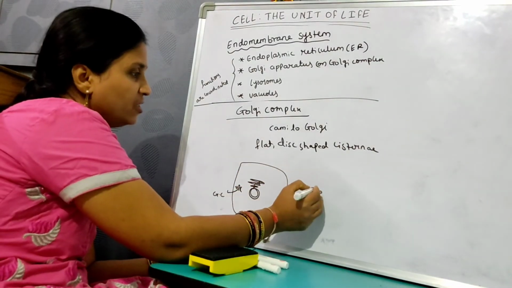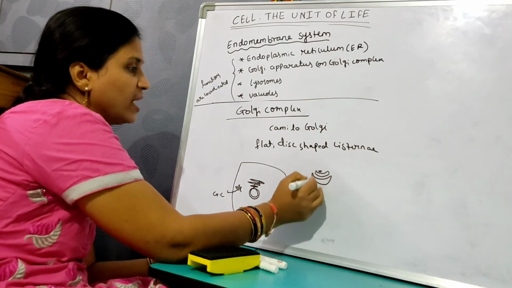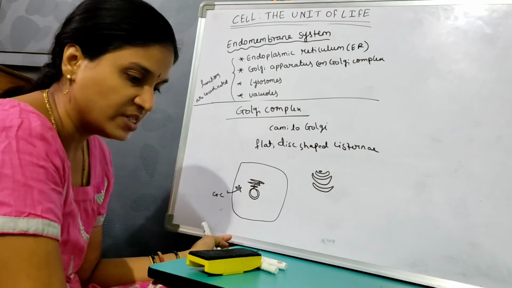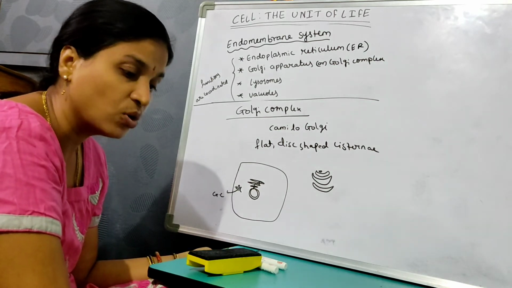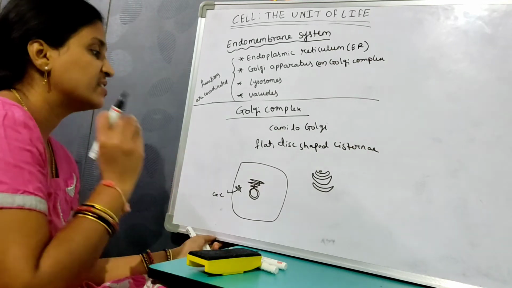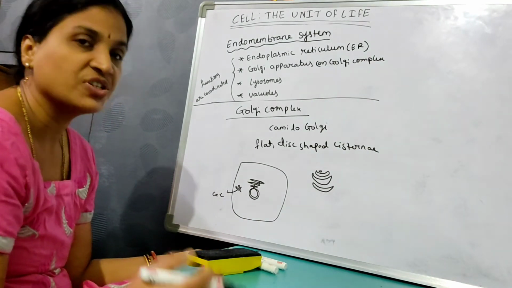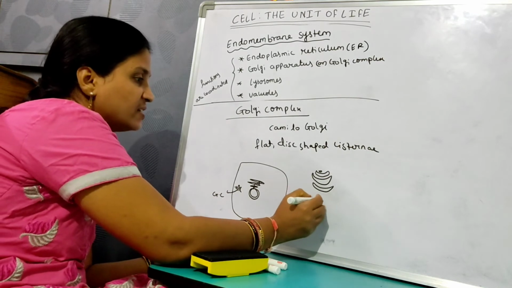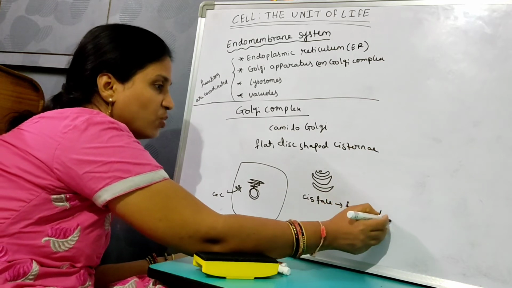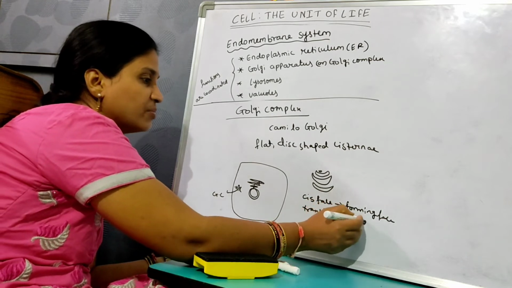These flat, disc-shaped cisternae are concentrically arranged near the nucleus with a distinct convex cis face and a trans face. The cis face is the forming face, the fresh one. The trans face is the maturing face.